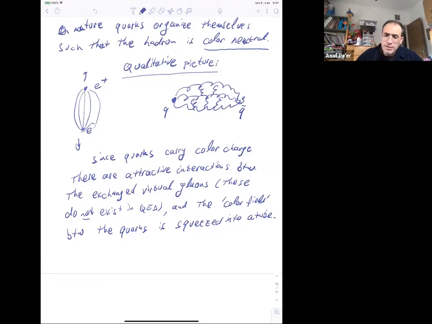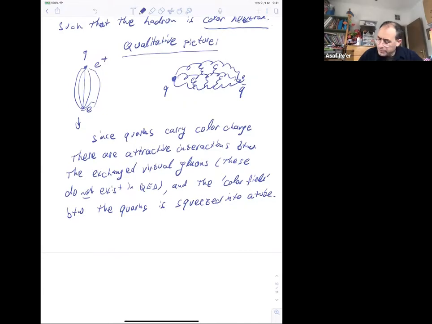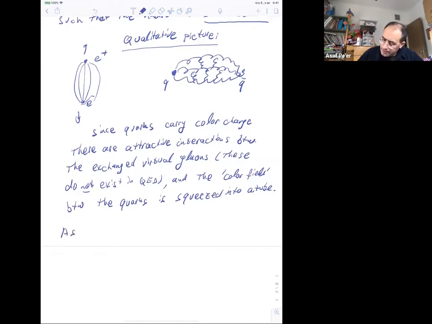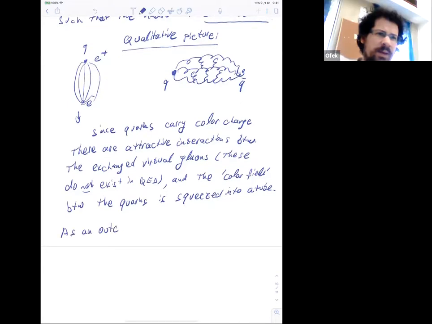So the outcome of all this squeezing is that when they're at relatively large distances, the energy density in the tube between the quarks is constant, roughly. That's an outcome. This is because the gluons are also charged?